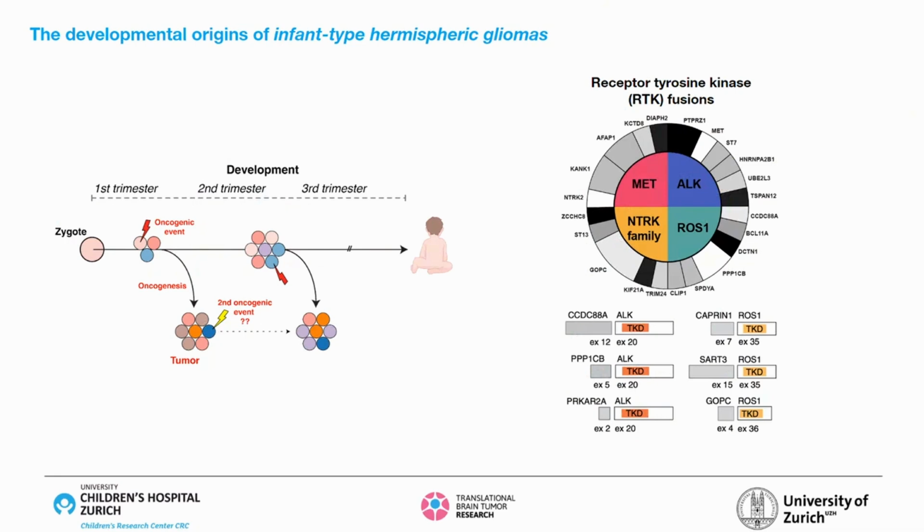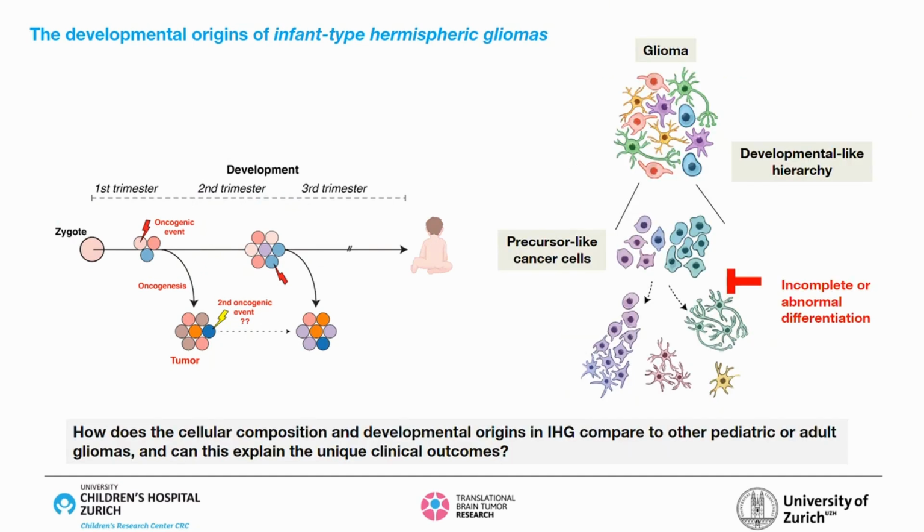I want to emphasize, in the context of pediatric tumors in general, that we don't know when during the gestational period this RTK fusion event occurs, and also which type of cell is the culprit, the cell of origin. Understanding these two factors is really key for understanding the disease and may have therapeutic implications as well. This is where single-cell multimodal, or multi-omics, profiling comes in to help us better understand the intratumoral heterogeneity of these tumor entities.